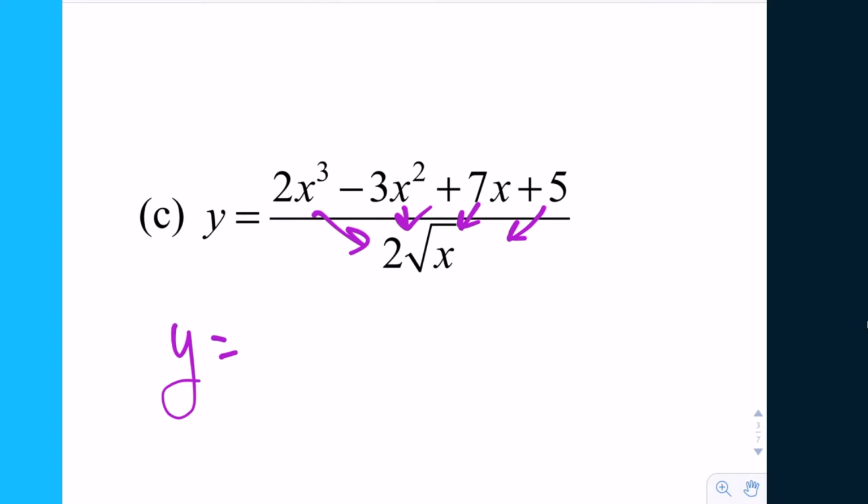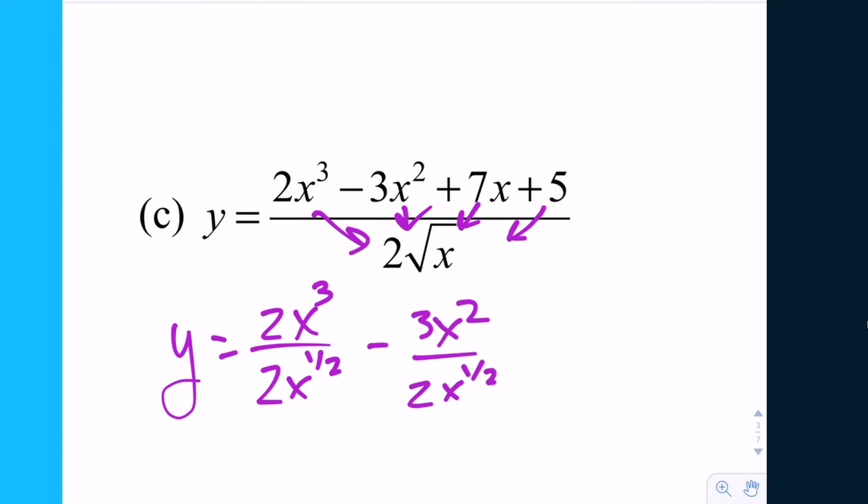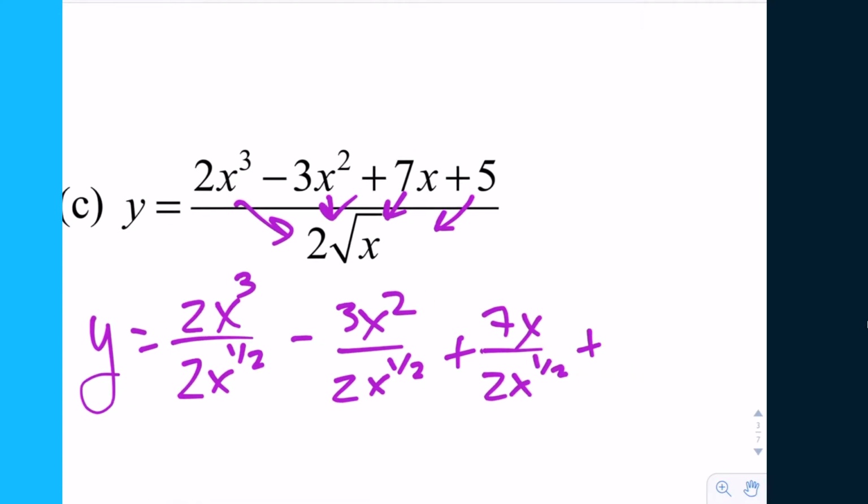So we end up with 2x to the third all over 2x to the 1/2, minus 3x squared over 2x to the 1/2, plus 7x over 2x to the 1/2 power, and then plus 5 over 2x to the 1/2 power. Pretty common strategy all year long, and I think that's easier than bringing it to the top and distributing, splitting up the terms in the numerator.